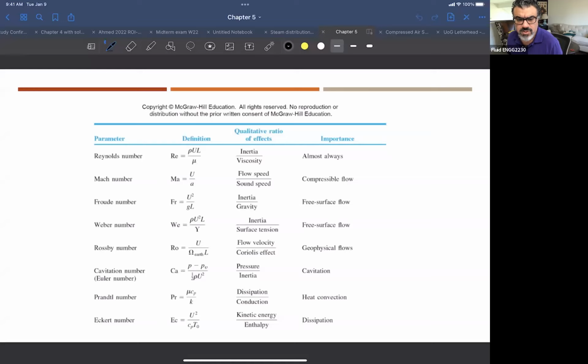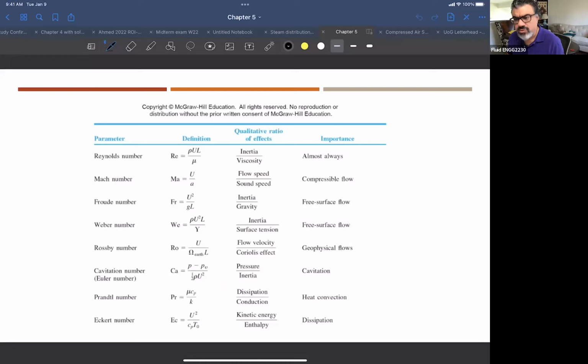So for example, if you remember, Reynolds number is considered to be the inertia forces over the viscous forces. Which means that if you have a phenomenon in fluid mechanics where there are two competing forces, one is related to the mass and the inertia of these fluids versus the resistance and the friction viscous forces, those can be represented by Reynolds number.